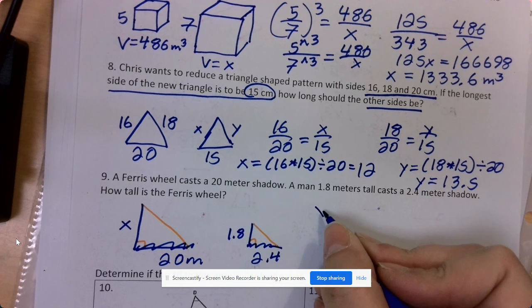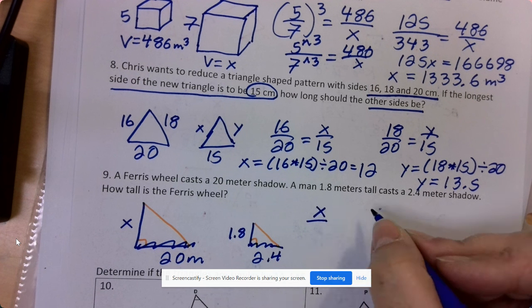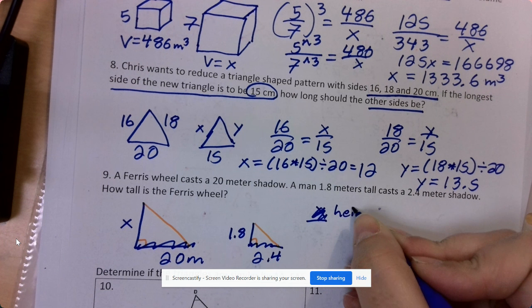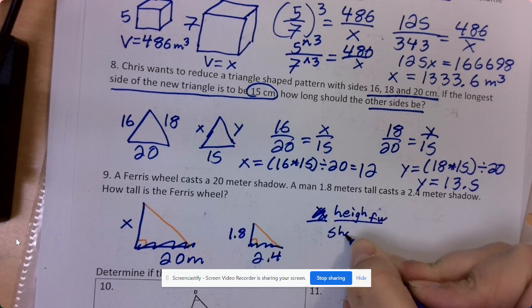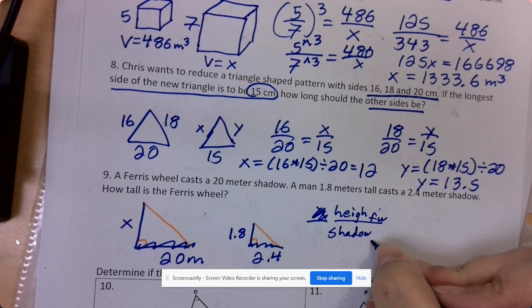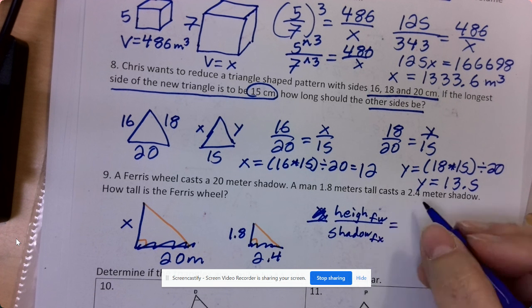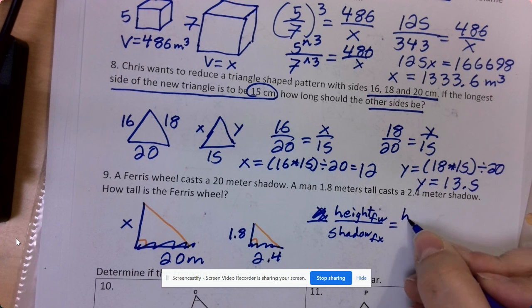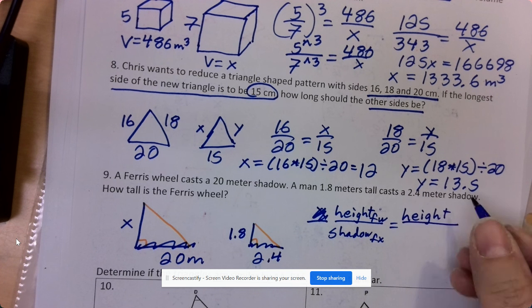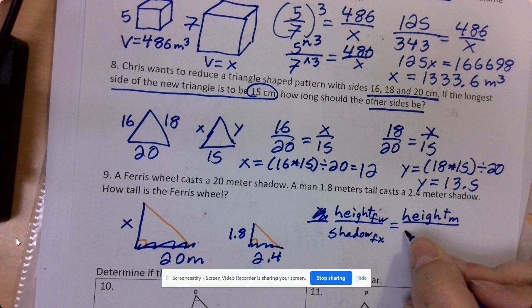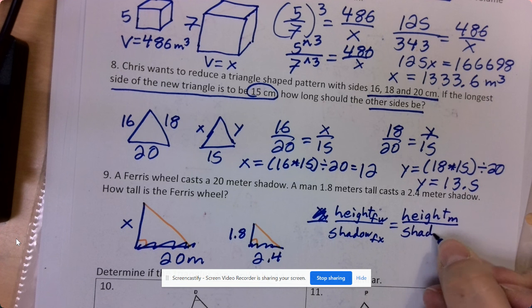So if we do height, so remember when this, so height of the Ferris wheel over shadow length of the Ferris wheel, so height over shadow, height of the man over shadow of the man.